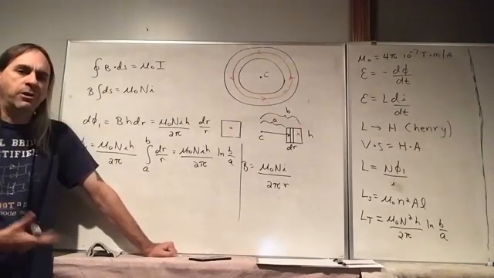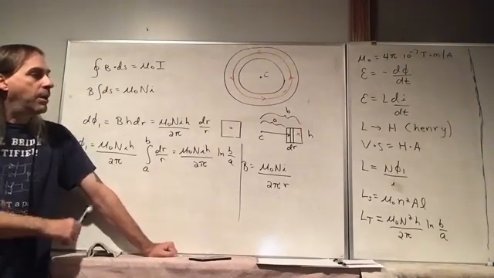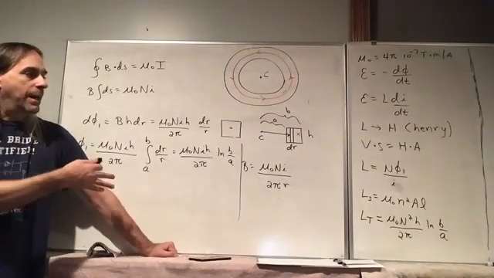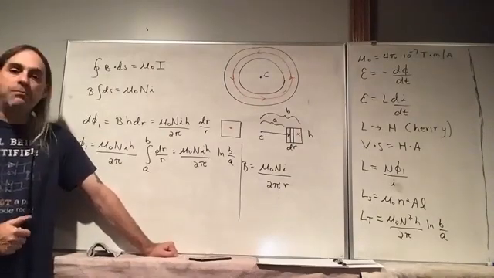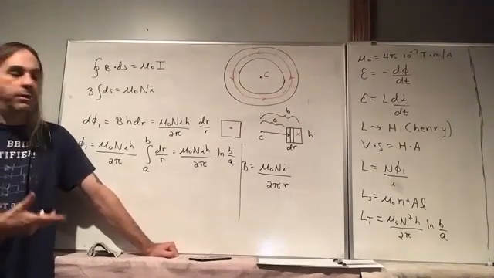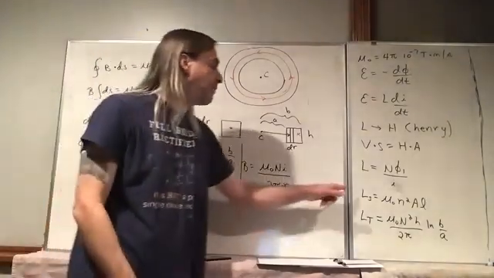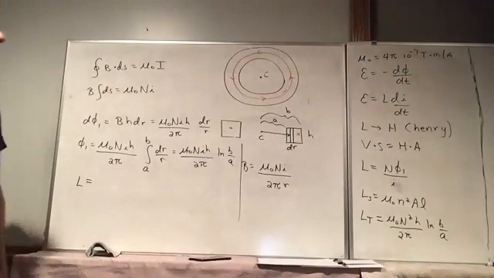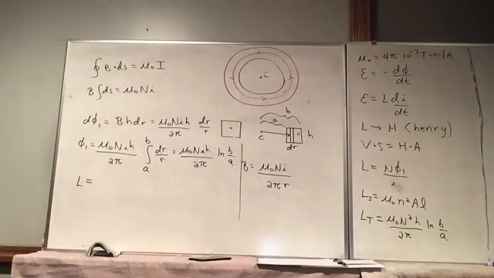With computers, you can always do things numerically, but to actually calculate it on the board can be a pretty complicated thing. There are only a few shapes we can do that for, so we did that for a solenoid and for a toroid. All right, so are there any questions on any of this so far?